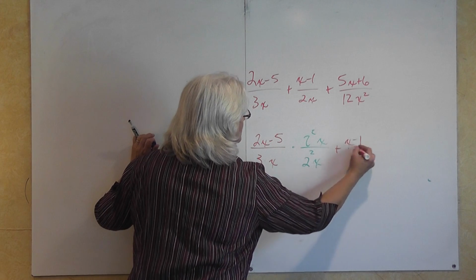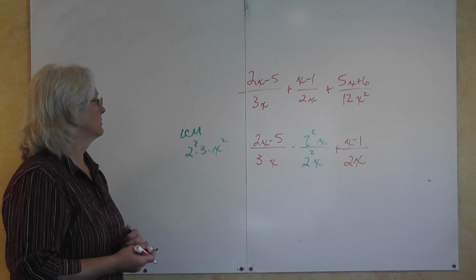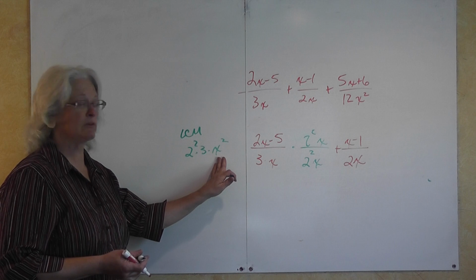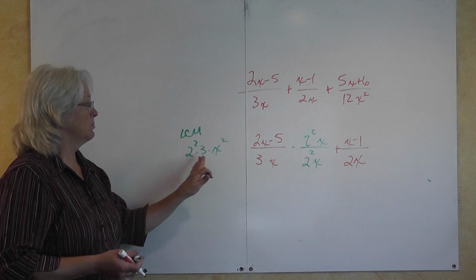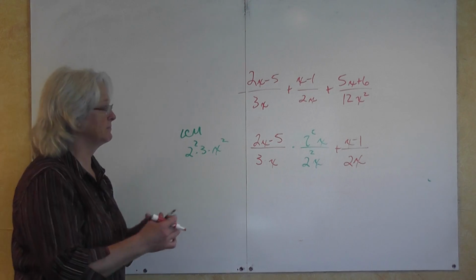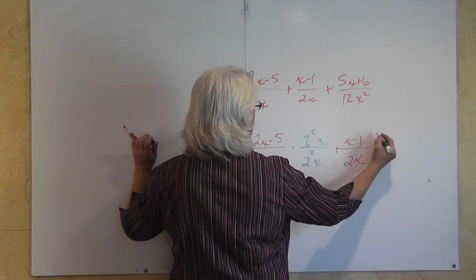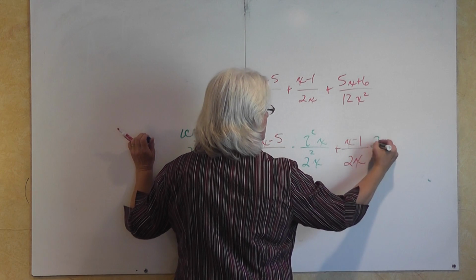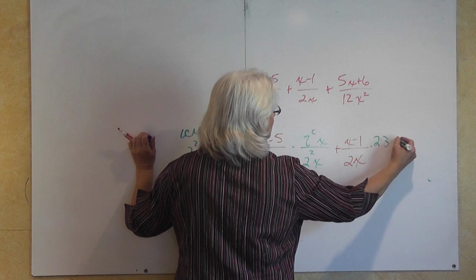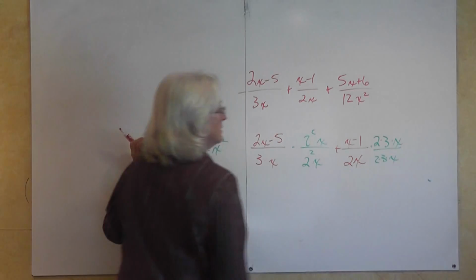What about in our next term? We have x minus 1 over 2x. What factor are we missing? Well, we're missing one factor of x, we're missing a factor of 2, and we're missing a factor of 3. Missing a factor of 2, missing a factor of 3, missing a factor of x. 2 times 3 times x.